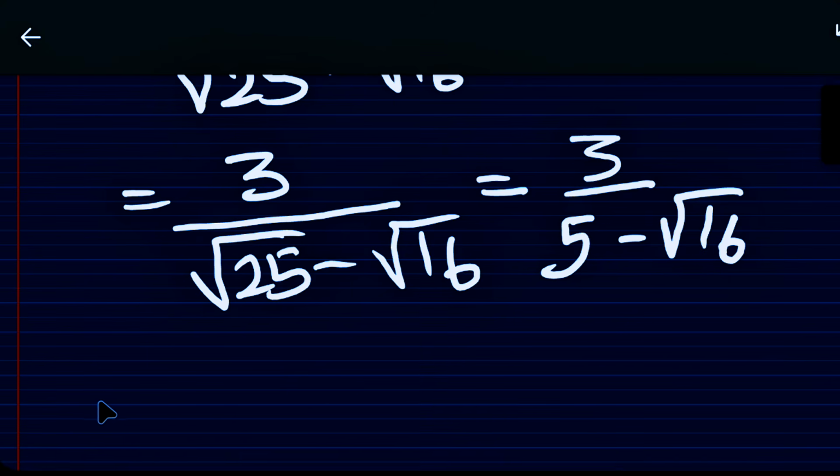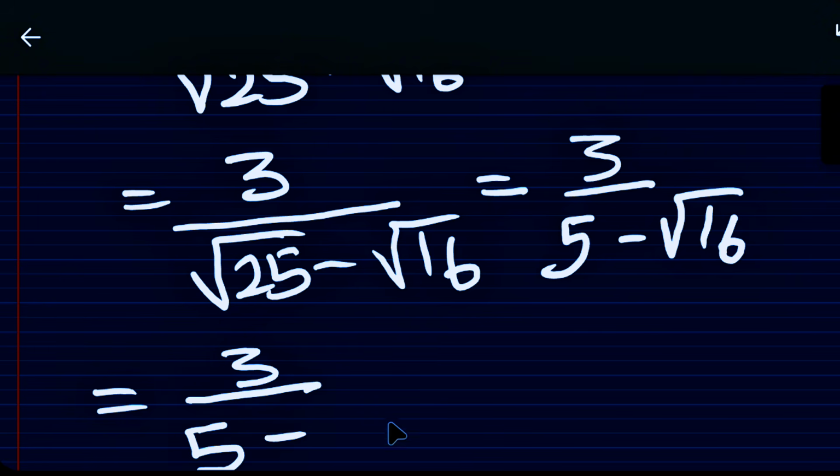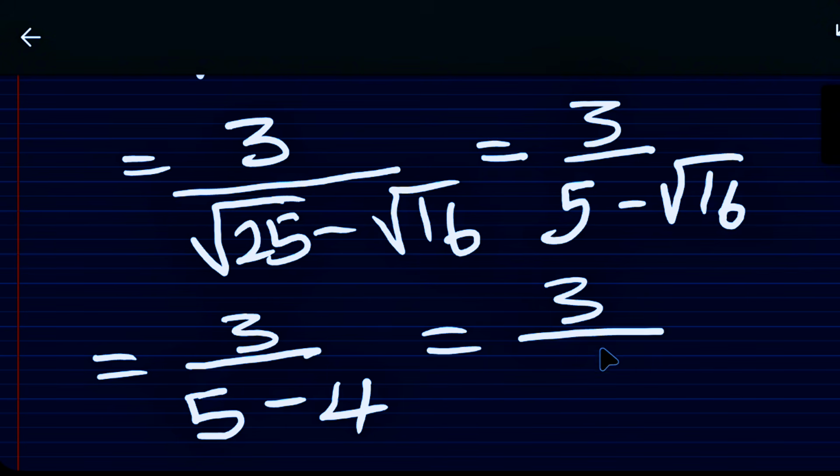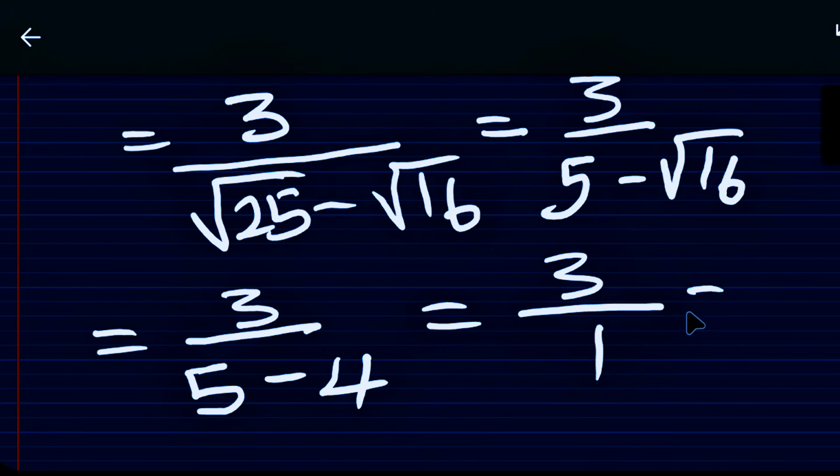In our next step, we have 3 divided by 5 minus the square root of 16, and the square root of 16 equals 4. So this will be equal to 3 divided by 5 minus 4, which equals 1. This will be equal to 3 divided by 1, which equals 3 as the right answer.